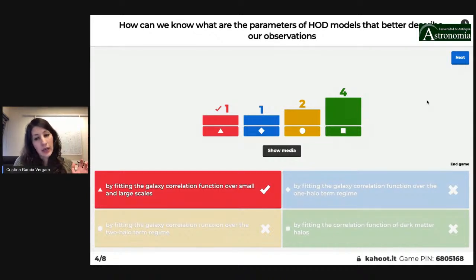And some people answered fitting the correlation function of dark matter halos. No, actually, because the correlation function of dark matter halos is not possible to observe. That is only known from simulations. Then we normally fit our observed clustering with HOD models, and we can then make some conclusions based on that.